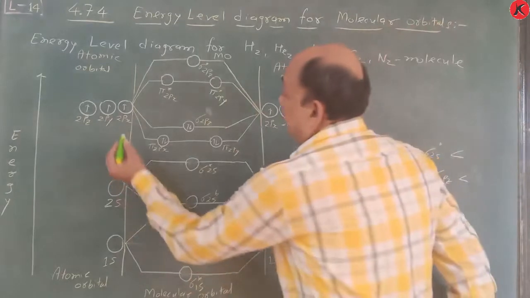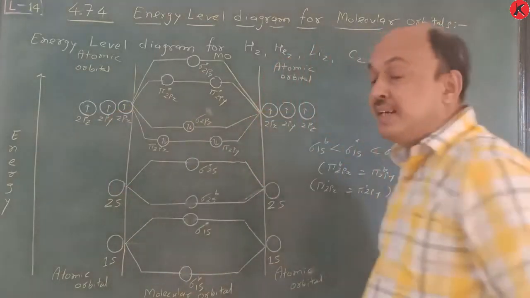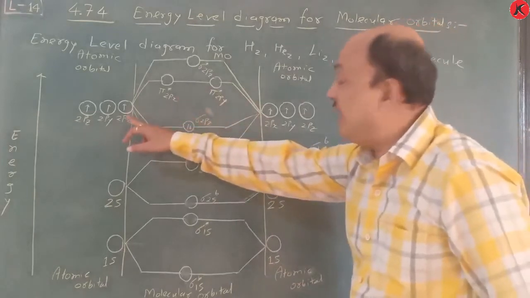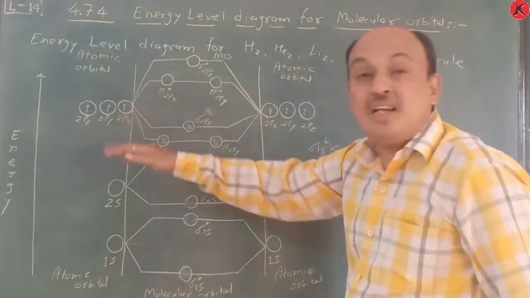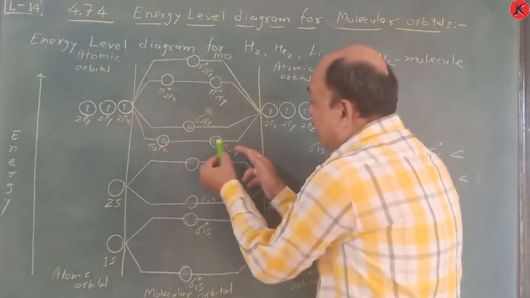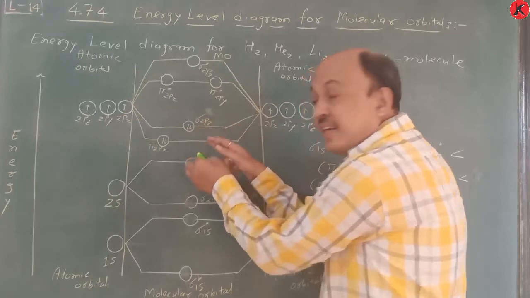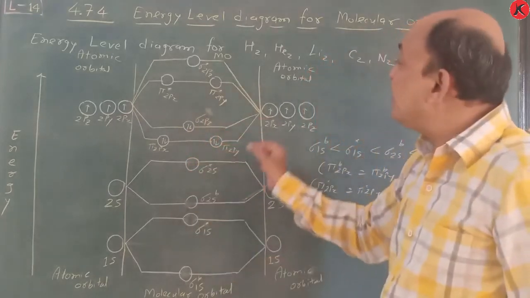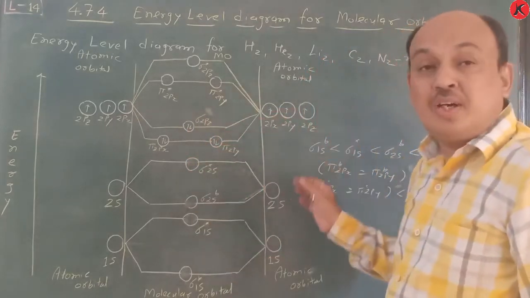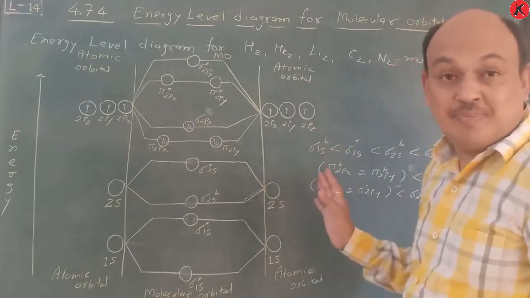But when we add one more electron at a time, the paired electrons have lower energy, and that's why pi 2px and pi 2py come above and sigma 2pz comes below. If you remember this change, then you are able to draw any energy level diagram.